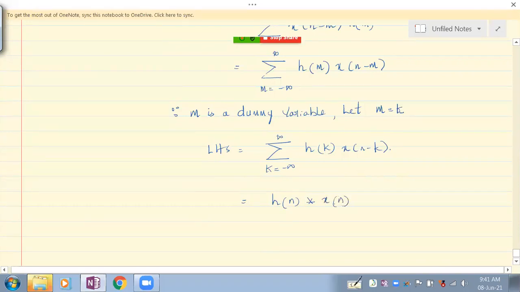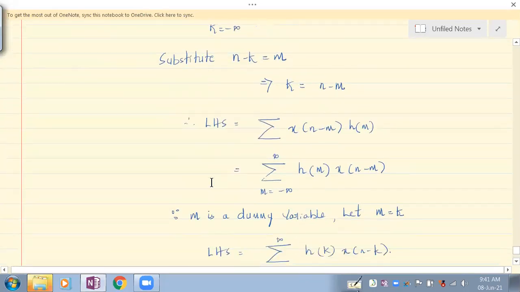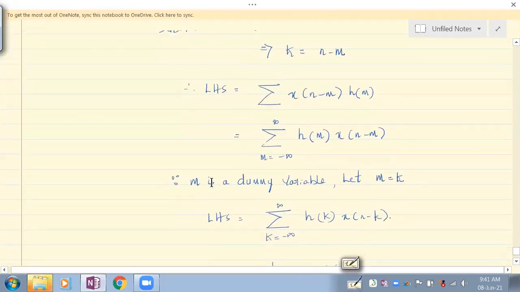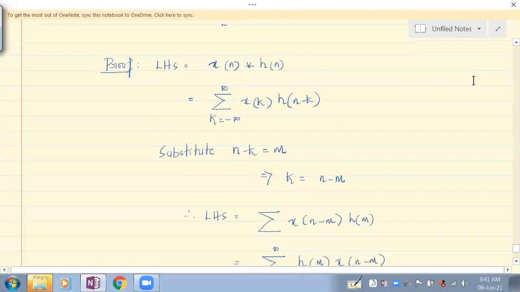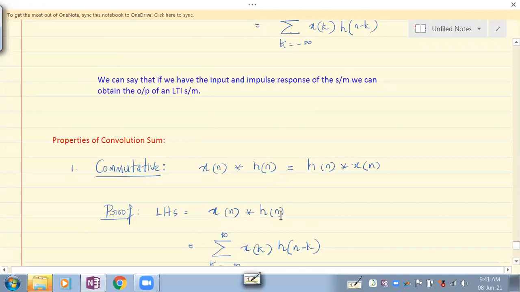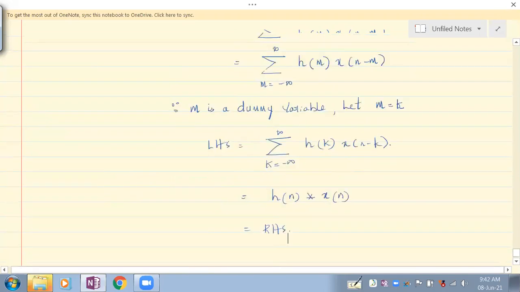We started with x of n convolution h of n, that LHS, and it has now become h of n convolution x of n, which is your RHS. So LHS is equal to RHS. That's why the commutative law is proved. It's quite simple stuff. You can just follow this.